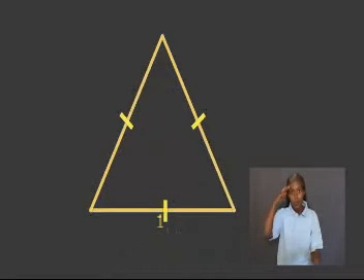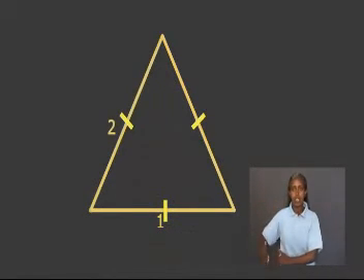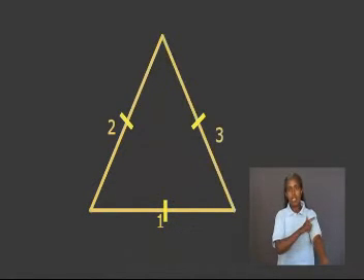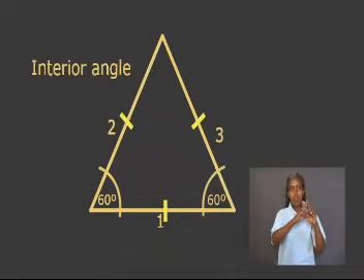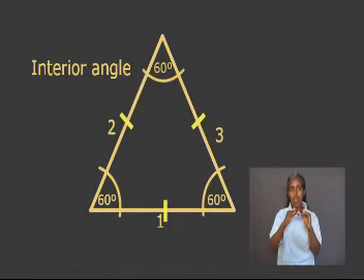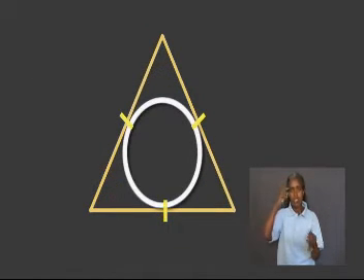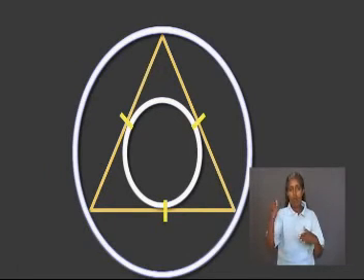Because all its sides are equal in length, and all its angles are equal in degree, a circle can always be inscribed in or circumscribed about a regular polygon.